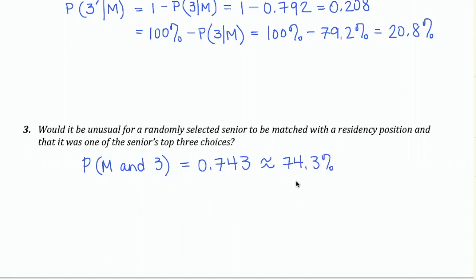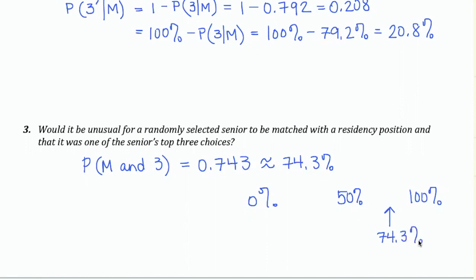So now you have to go back to the probability scale and remember, probabilities going from 0% to 100% with equally likely events happening with a probability of 50%. So 74.3 is over here.